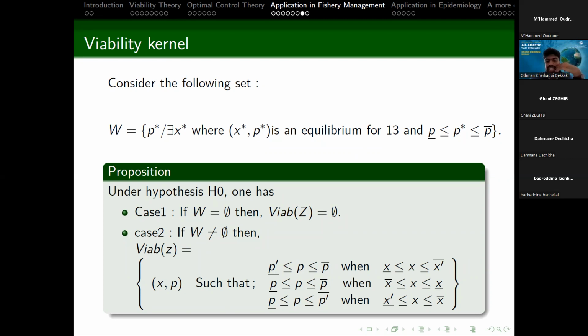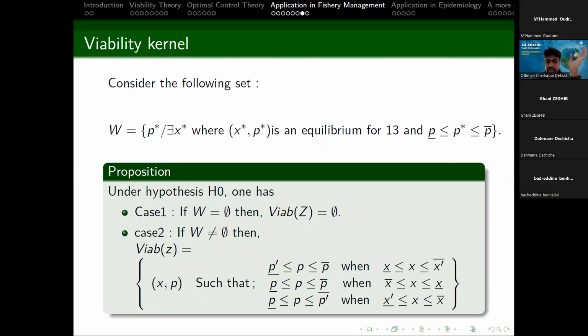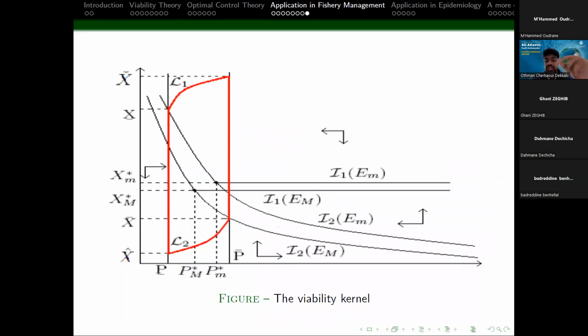We also will find cases where the viability kernel is not an empty set, and we actually will find that with certain conditions, which are h0 and h1, and also the fact that w is not empty, meaning there exists a viable stationary point there.